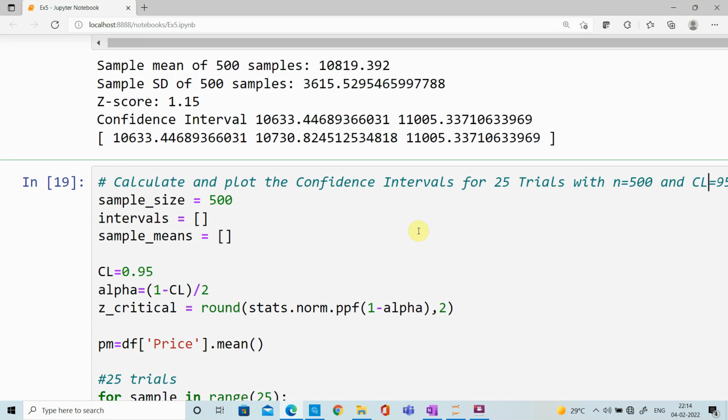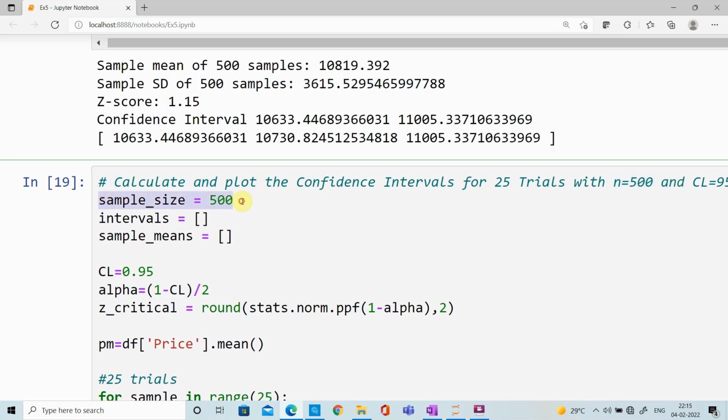We are going to randomly select samples from the population 25 times, and calculate the confidence interval every time, and we are going to ensure that 95% of the time our population mean will lie inside our confidence interval. So how are we going to do this?